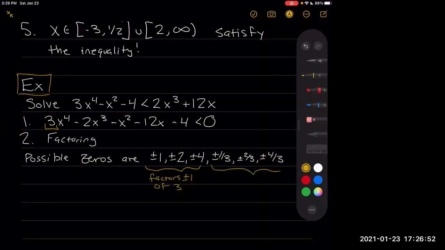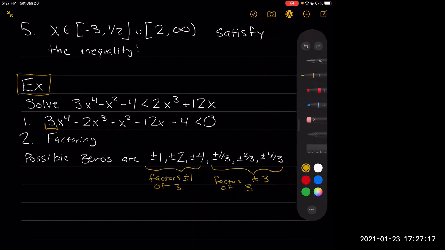And here is when we're looking at factors plus or minus 3 of 3. Because you'll recall from the rational zeros theorem that our solution will be a fraction with the factors of our constant term, -4, divided by the factors of our leading coefficient.